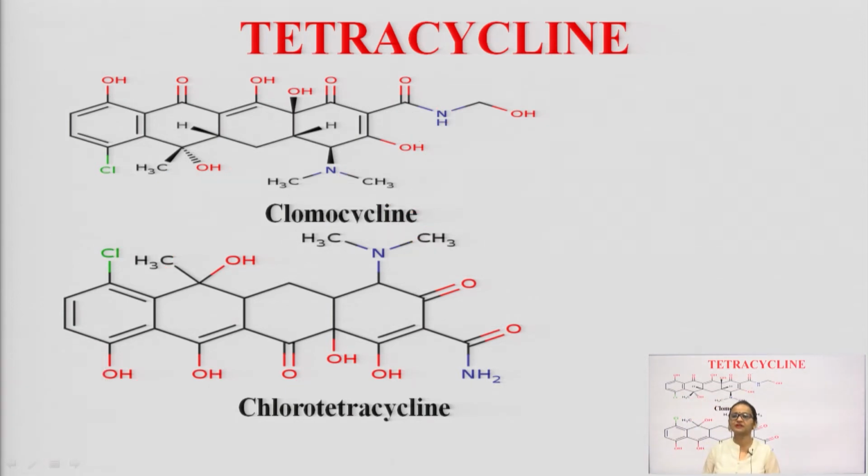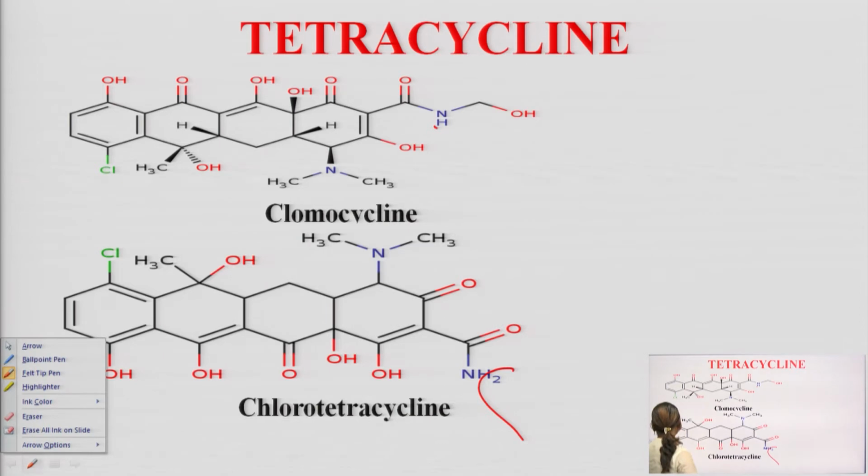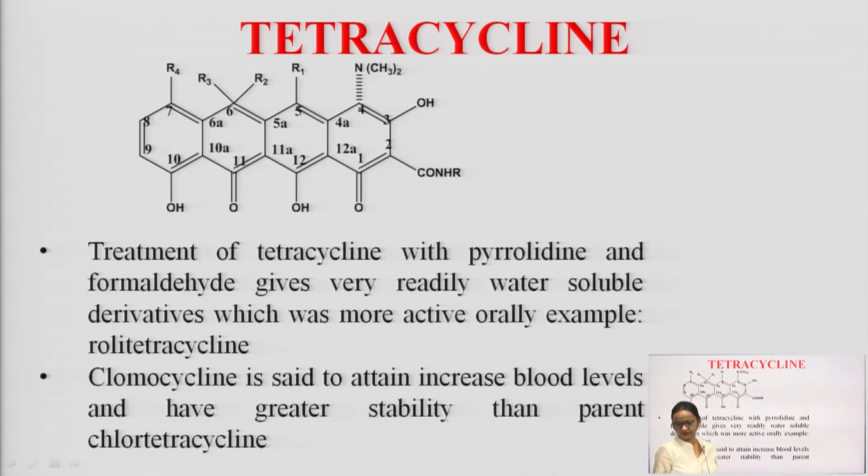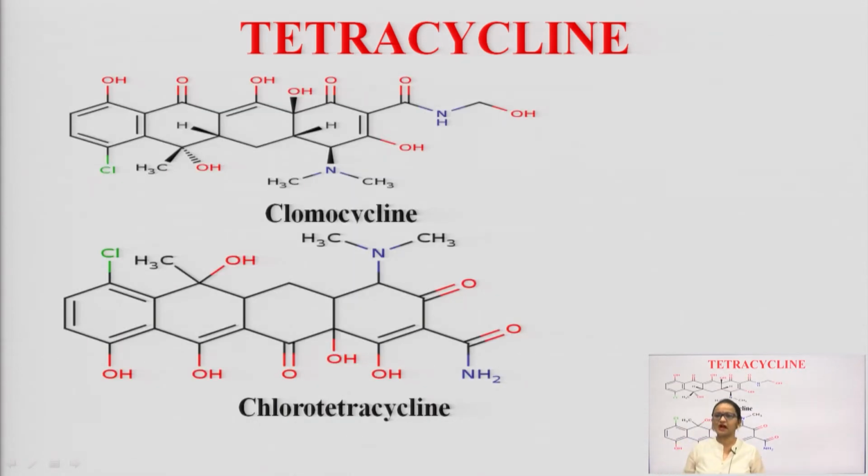When we make this type of change by substituting one hydrogen of NH2 with CH2OH, what we attain is increased blood level and greater stability than the parent chlortetracycline. Okay. Because in the SAR of any molecule we have to compare two substitutions, to see which substitution is giving a better, meaning optimized, drug.